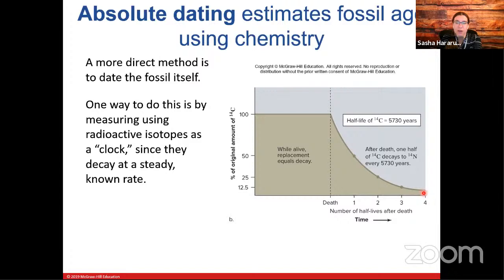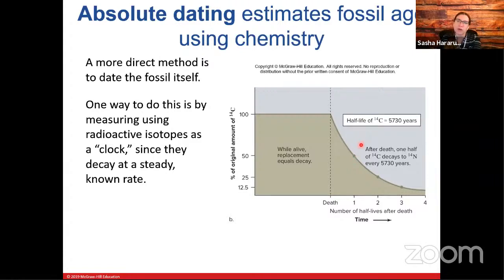It declines gradually. In this graph, the exponential decay is shown in terms of half-lives, which I think is a more user-friendly way to show it than just years. The half-life is the amount of time it takes for half of the isotope to be gone from the matter.